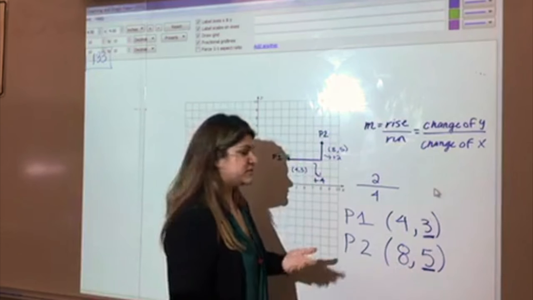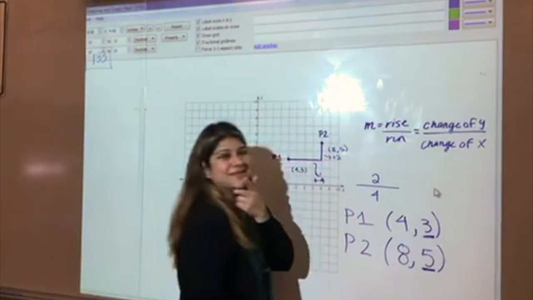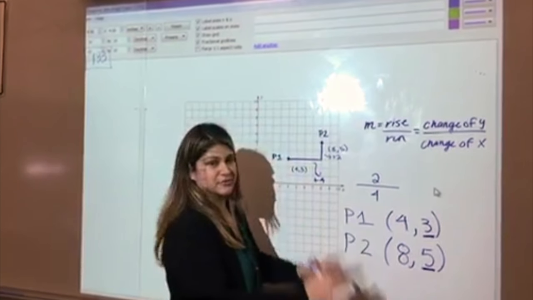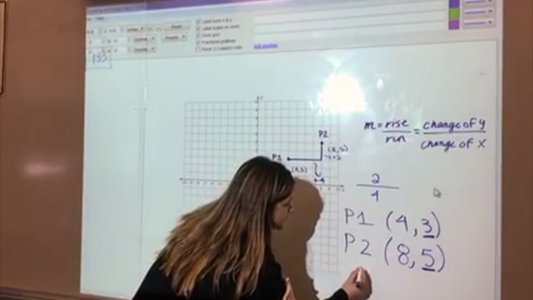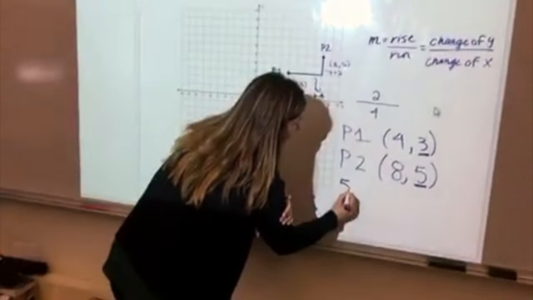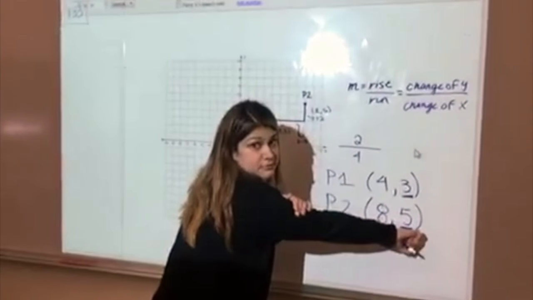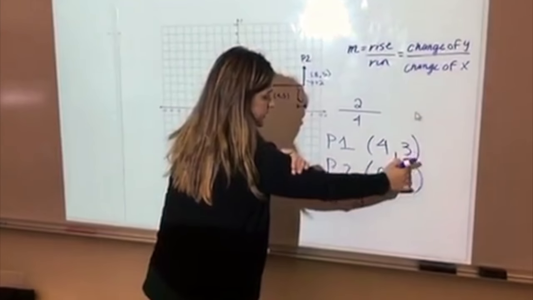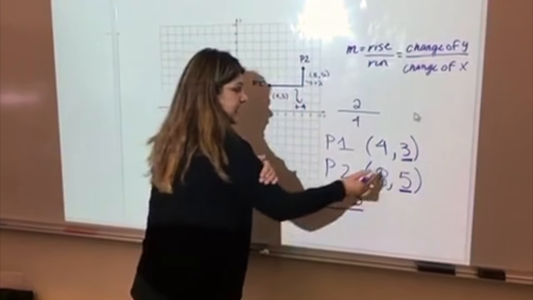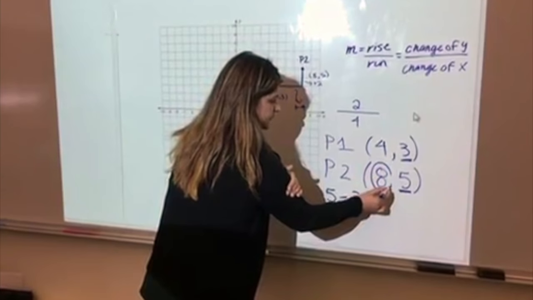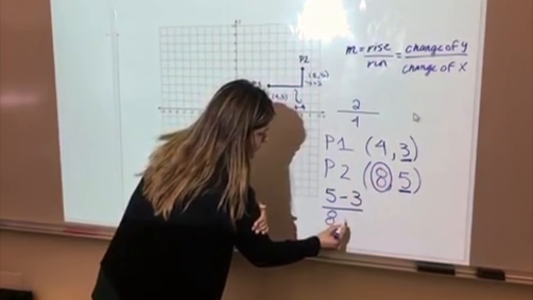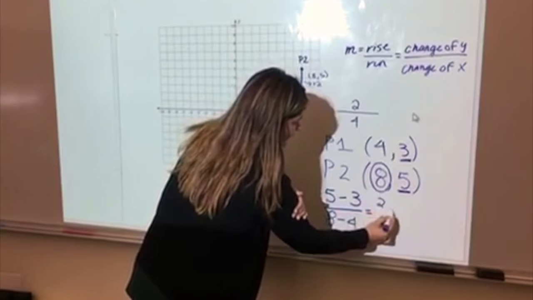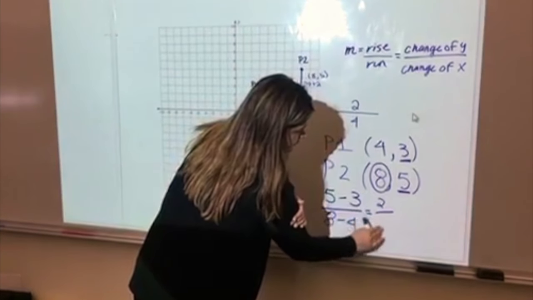I like to keep things positive, so I'm going to start subtracting from this point, but I'm established now. I'm saying 5, which is my y coordinate, minus 3, which is my y coordinate. And then, since I started with this point first, I would do 8 minus 4.